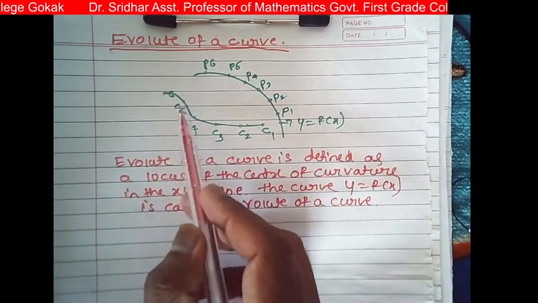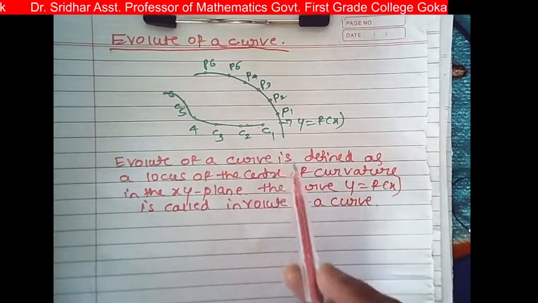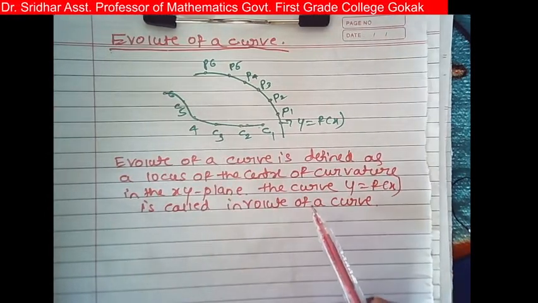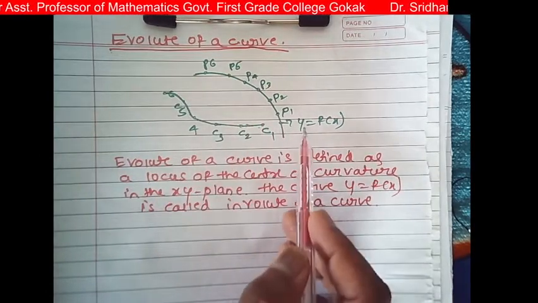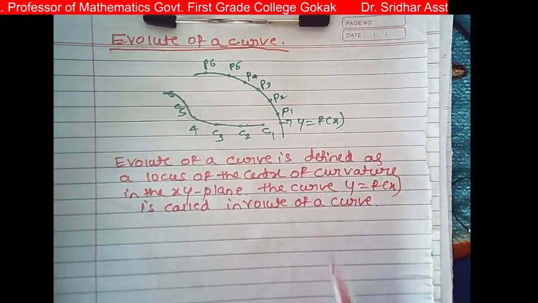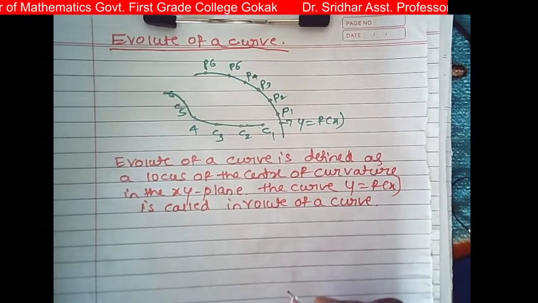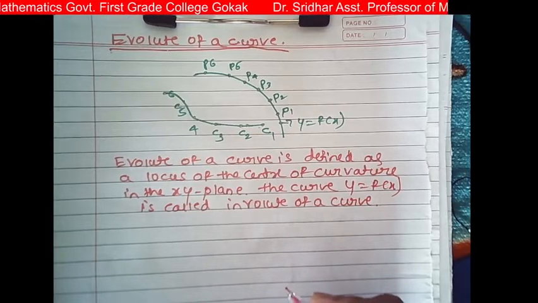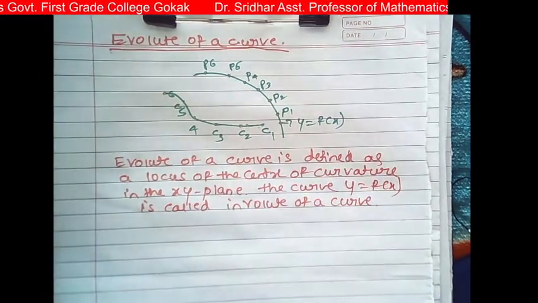So the locus of the center of curvature in xy plane is known as the evolute of a curve, whereas this curve, that is y is equal to f of x, is called as the involute of a curve. Okay, so now we solve problems on this.